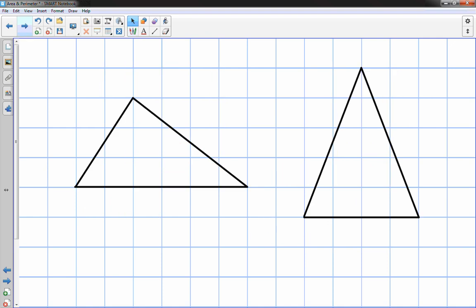Okay, now we're going to do some triangles that are not right triangles. They're a little trickier. And again, you want to envision them inside a rectangle. And the best way to do that with this one on the left is probably something like this.